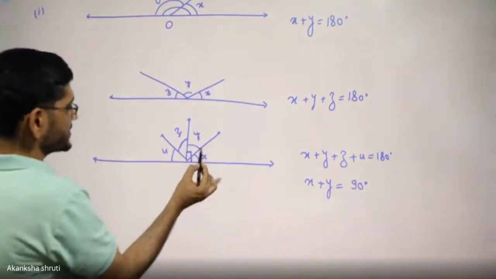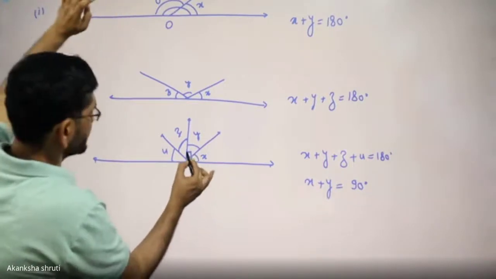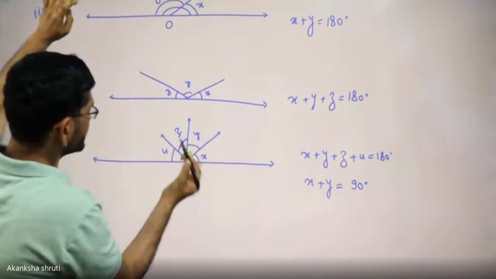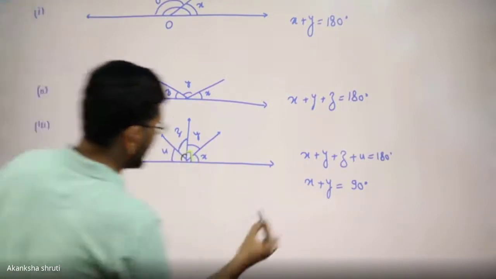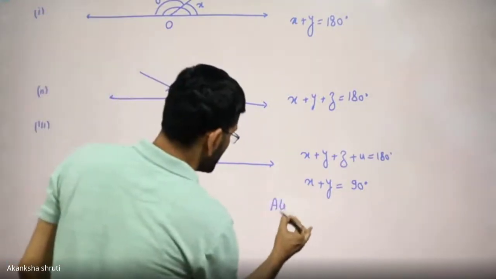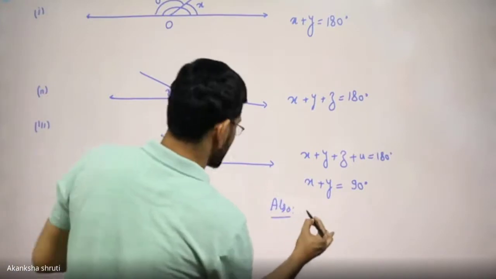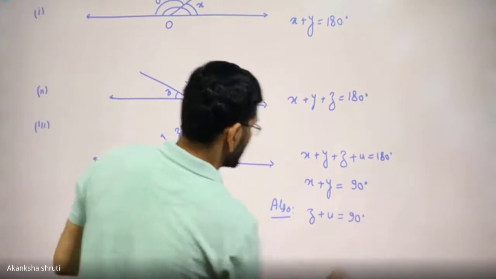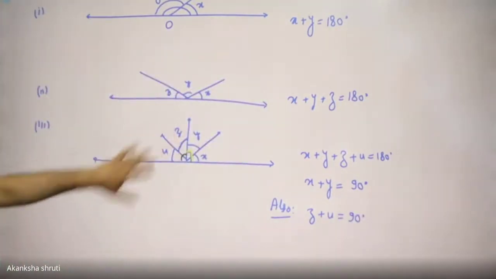Since this part is 90 degree, the other side can also be taken as 90 degree. So also we may write on this side Z plus U is equal to 90 degree. Okay, students? This is as per our figure.